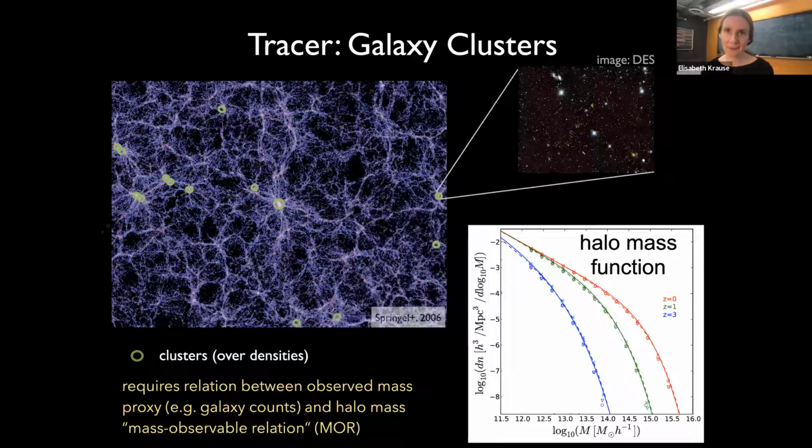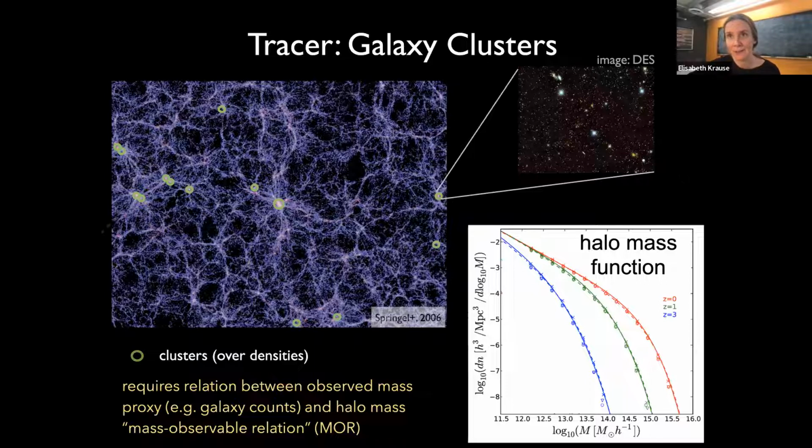The next tracer that I wanted to highlight is galaxy clusters, where we now want to characterize the largest bound structures in the universe, which can tell us something about the distribution of peaks in the initial density distribution, the rate of structure growth, and the evolution of volume elements. So for that, we have to identify overdensities, galaxy clusters.